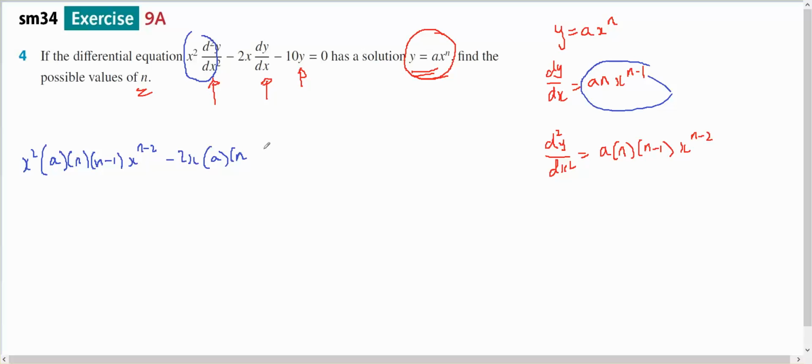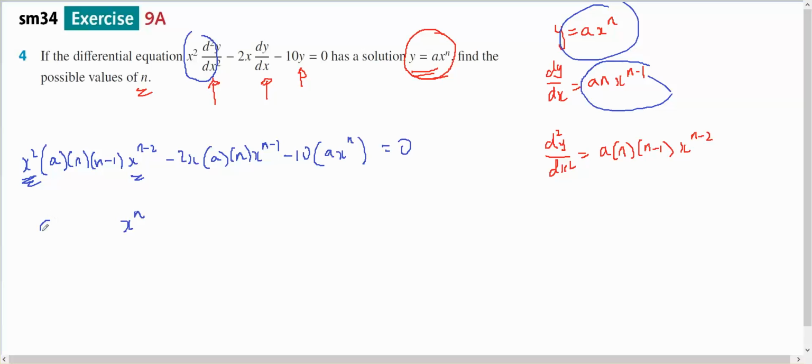an x to the n minus 1, minus 10 times y, which is this, ax to the n equals 0. So x squared times x to the n minus 2, I add the powers, so that gives me x to the n.